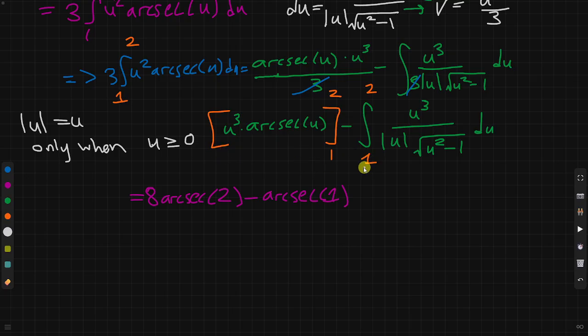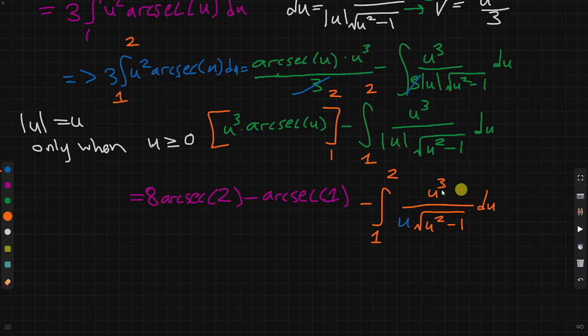And if we look here, we have u values of 1 and 2. So we can actually treat the absolute value of u as just u. So I'm going to rewrite this integral as negative integral from 1 to 2 of u cubed divided by, instead of absolute value of u, I'm simply going to write u, times the square root of u squared minus 1.